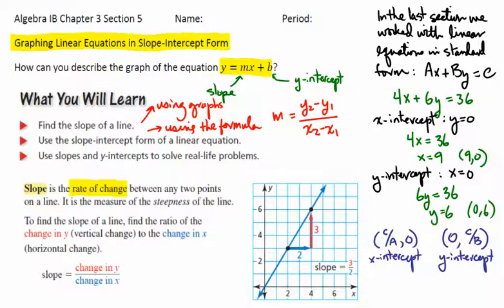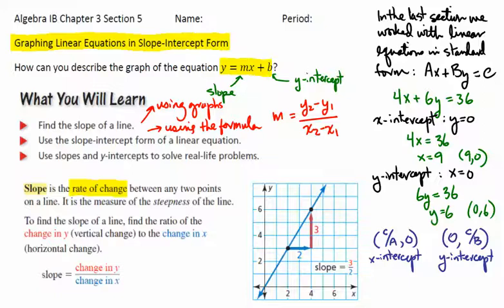How much y is changing when x changes by a certain amount. That is what we call a rate of change. How fast, how slow, is it going up, is it going down? How fast, slow, up, down is the y changing as x goes up by 1, by 2, etc. So that's what we call a rate of change. So slope is a rate of change.